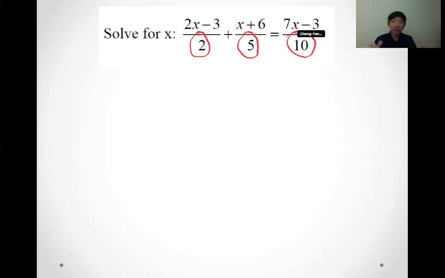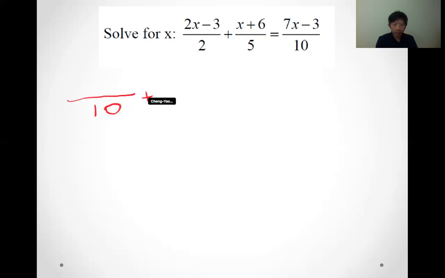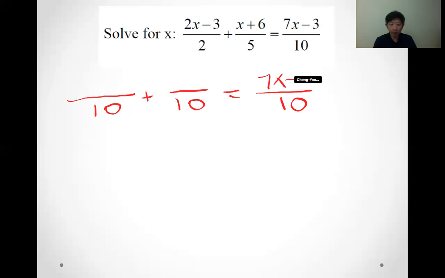So can we make them the same denominator? Yes, let's make it the same denominator. For 2 and 5 and 10, the common denominator is 10, right? So that's why I put 10 on the bottom.